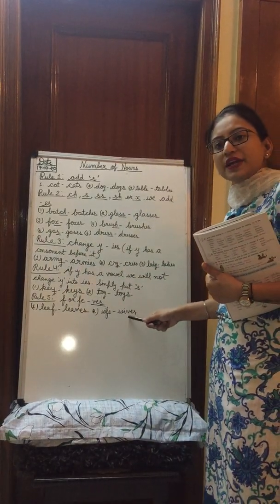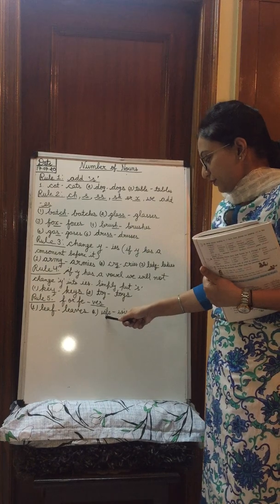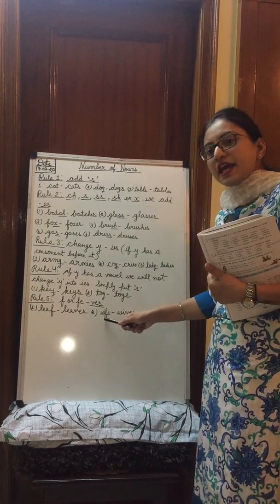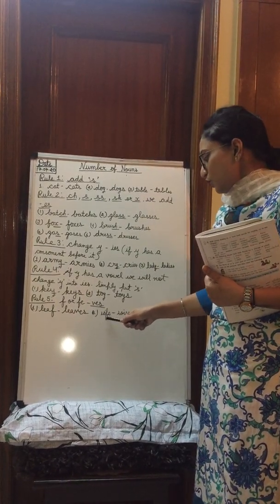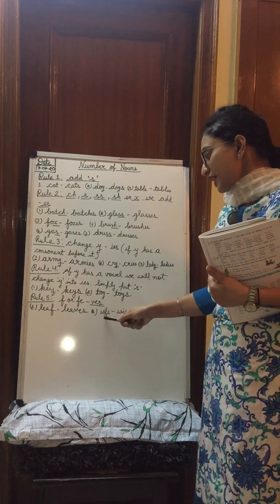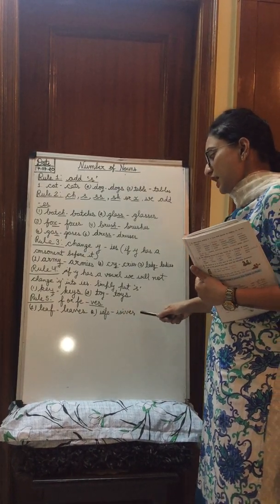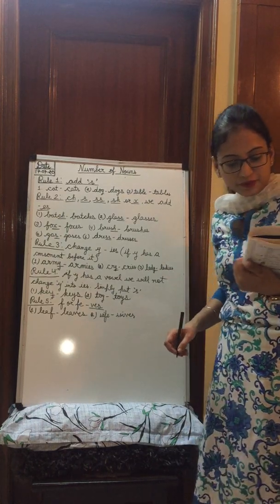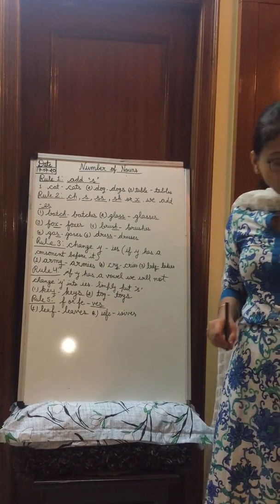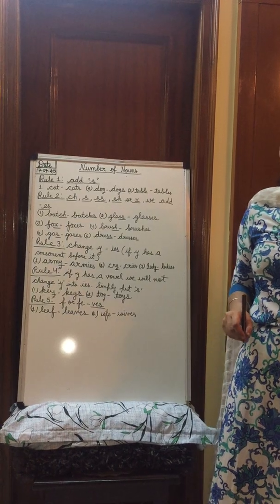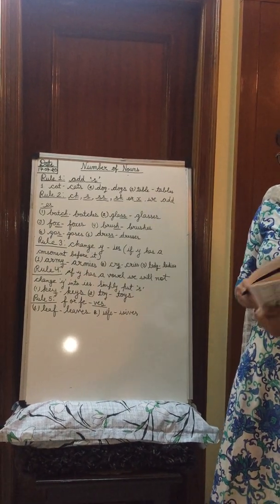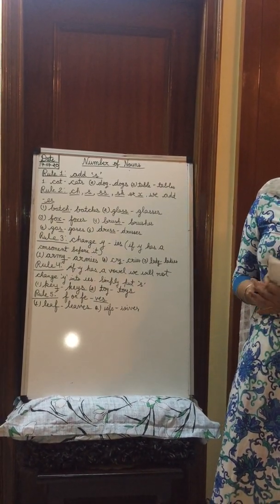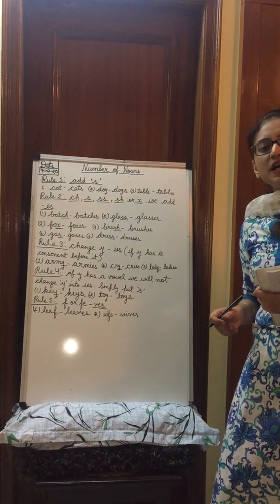Wife ends with FE. So we have to change this FE to VES. So wife, wives. We will see some more examples. Knife, knives. Life, lives, etc. So we will move to rule number 6.